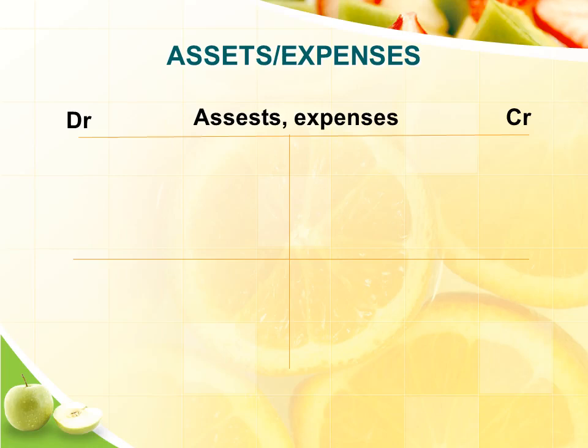As shown, assets and expenses accounts follow the same set of debit credit rules, and you see, debit or DR always indicates the left, and credit or CR always indicates the right.